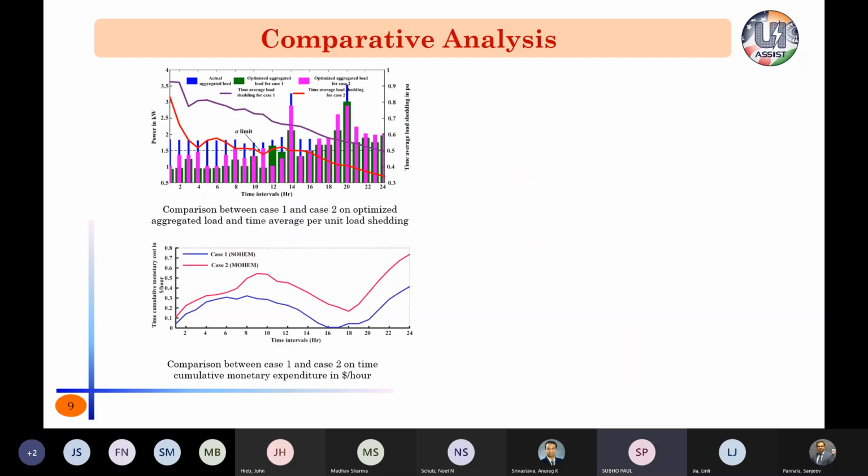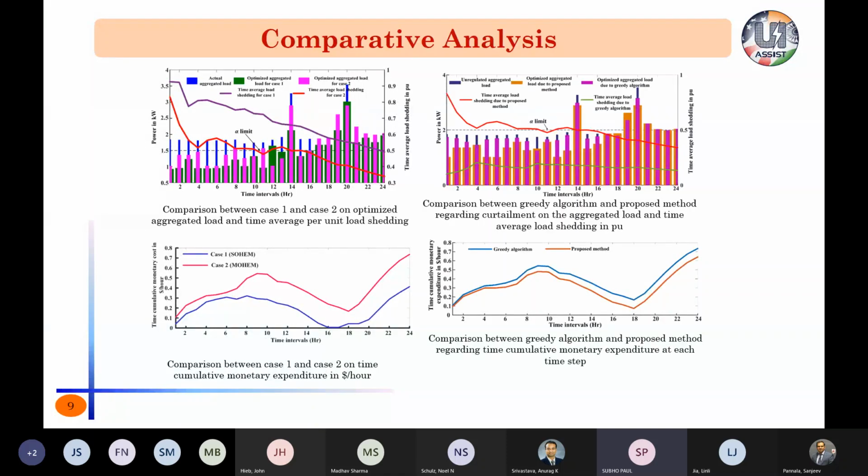Taking this comparative analysis between the single objective and the multi-objective case, we can see that obviously the inclusion of the dissatisfaction clause will come at the expense of more monetary cost. As you can see from the graph, at every time interval the electricity bill or the monetary cost is obviously high for the multi-objective case.